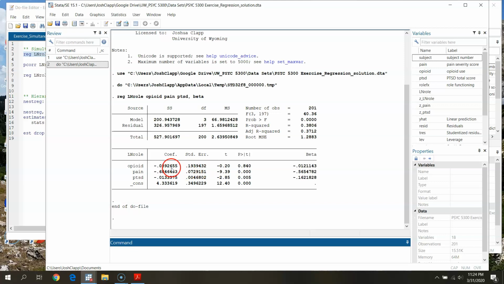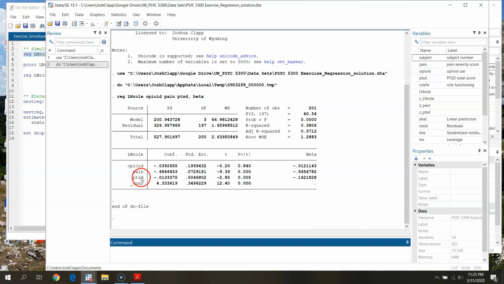But in general, when we're thinking about interpreting a dichotomous predictor within a regression model, we can interpret this coefficient similar to the way we would interpret a means-based test. We're saying that controlling for everything else in the model, we're expecting whatever this coefficient is as the difference between my 2 groups, okay?